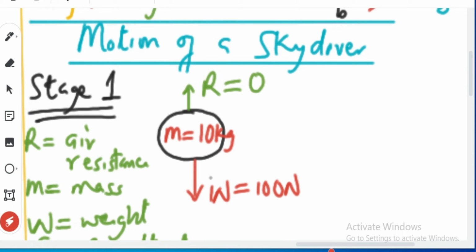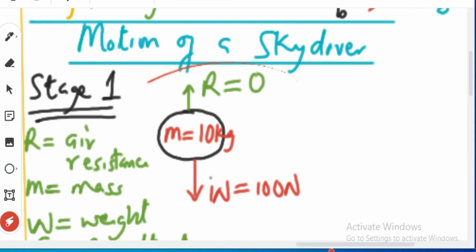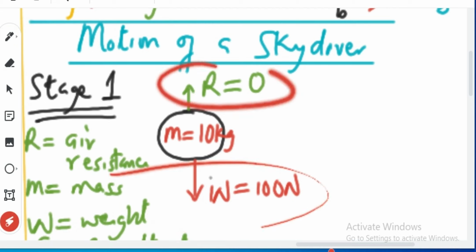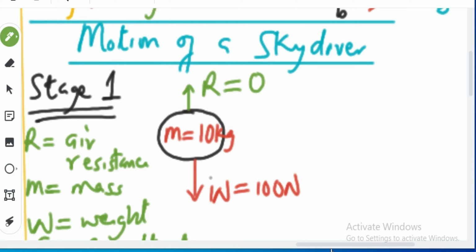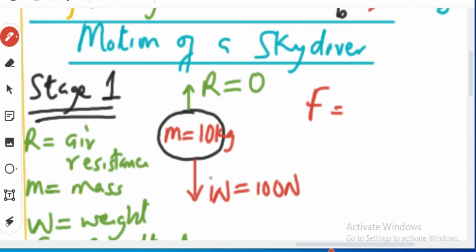You can actually find resultant force without an angle. There are only two forces acting, weight and air resistance, which is actually zero. Thank you for the observation. So what is the resultant force? The resultant force is weight minus air resistance.